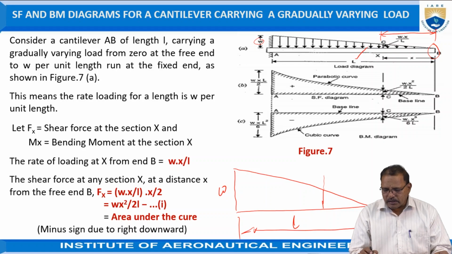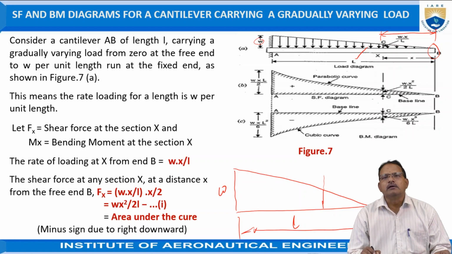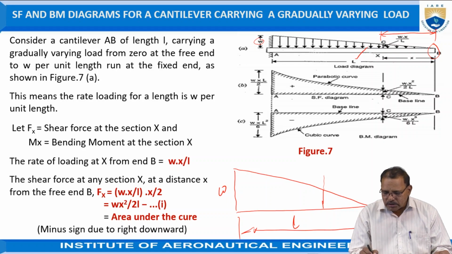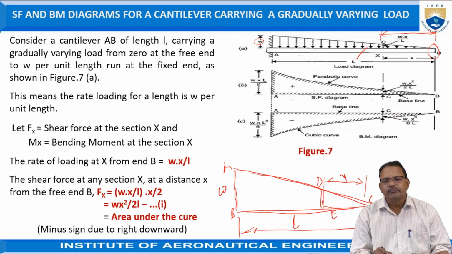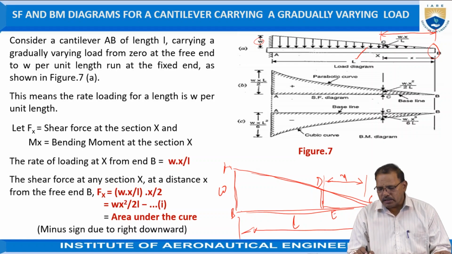Because it is varying from 0 to W per unit length run, at a distance X these two are treated as one triangle and one more triangle. If I take A, B, C, D and E, then ABC as well as DEC are similar triangles.